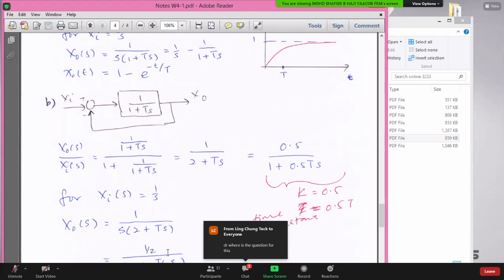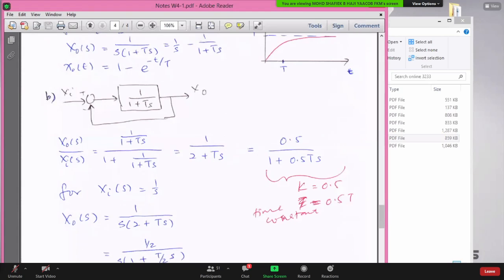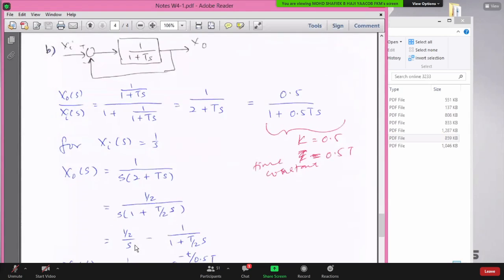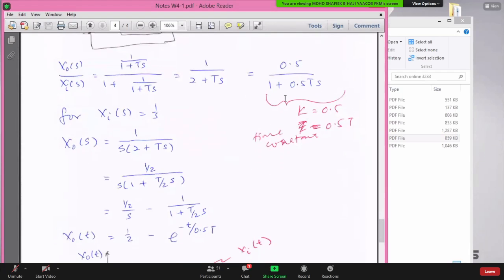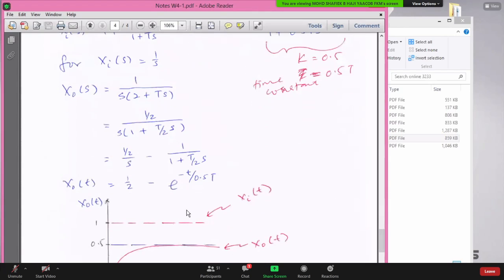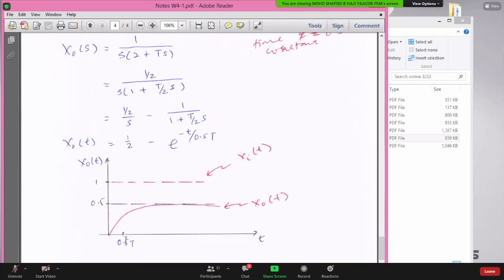You can also perform the partial fraction, get the inverse Laplace, and solve for the solution, or you can take the shortcut and simply write the solution. The gain K is 0.5, and 0.5T is your time constant.